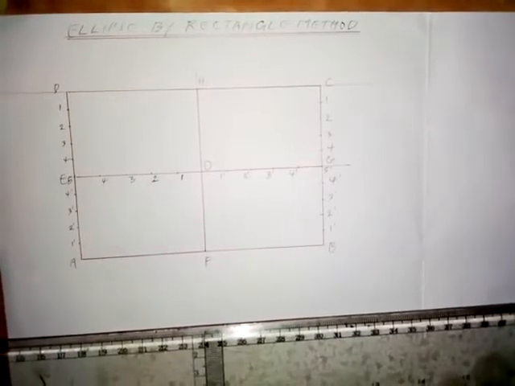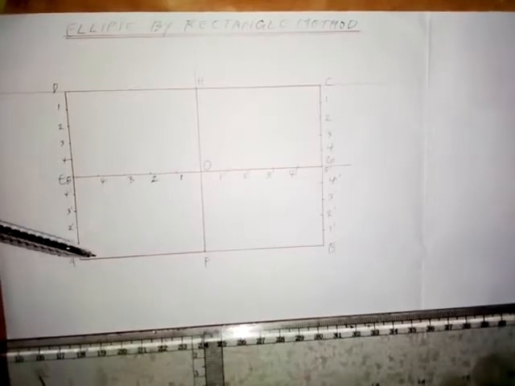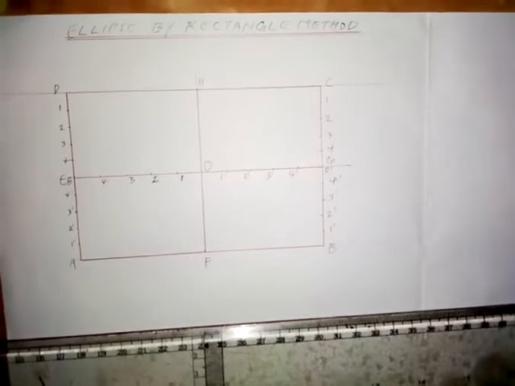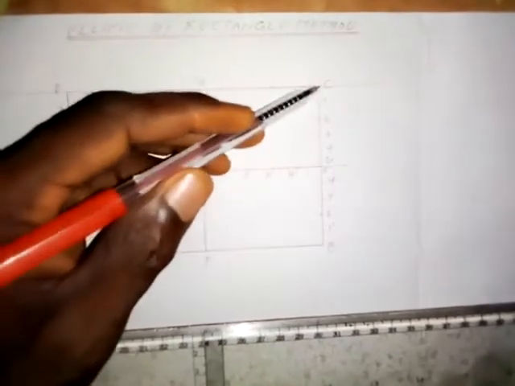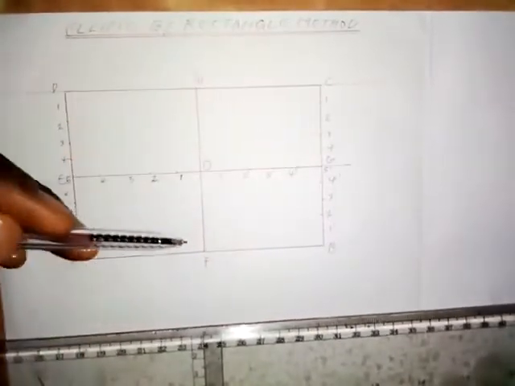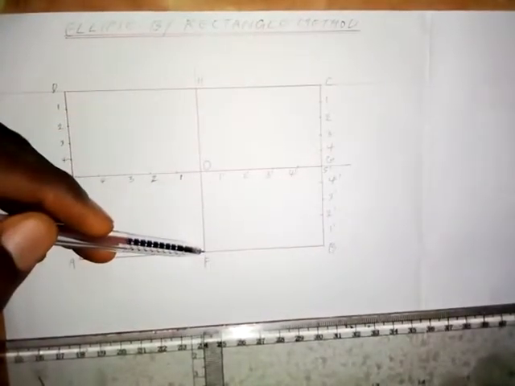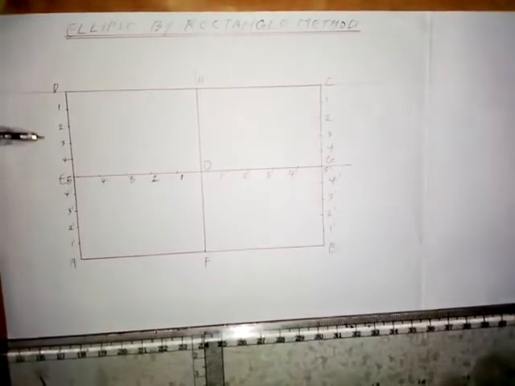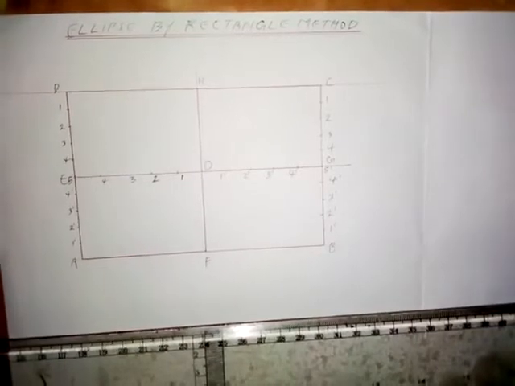Then the span. So if they mention span, the span is the length of the rectangle, that is AB or CD. If it is not given to you in that form as the rise and span, they can give you the minor and the major axis. So the minor axis is BC, the width of the rectangle, or FH or AD as the width of the rectangle or the minor axis.